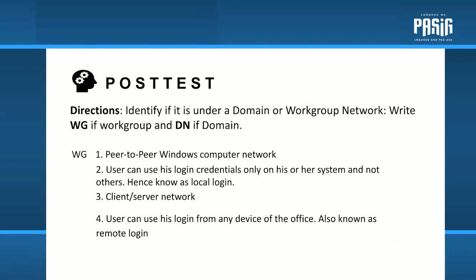The answer is workgroup. Number 2. User can use his login credentials only on his or her system and not others, hence known as local login. The answer is workgroup.